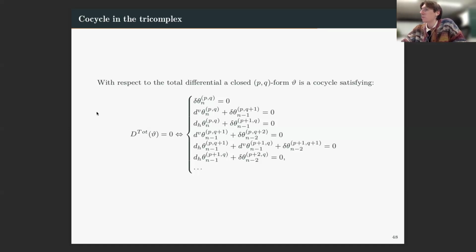And why would you want to do this? Well, in principle, this is a nice practical model for the BV formalism, where this additional Z grading is the ghost degree.